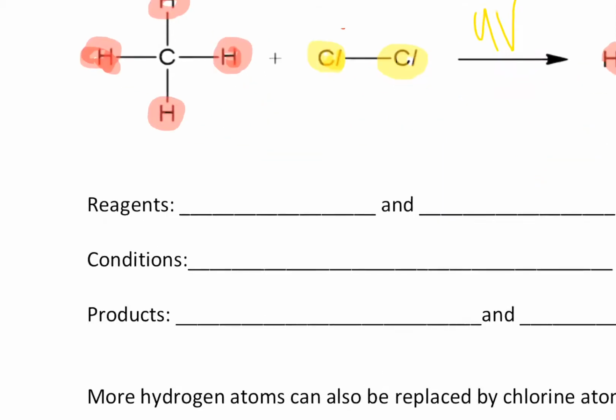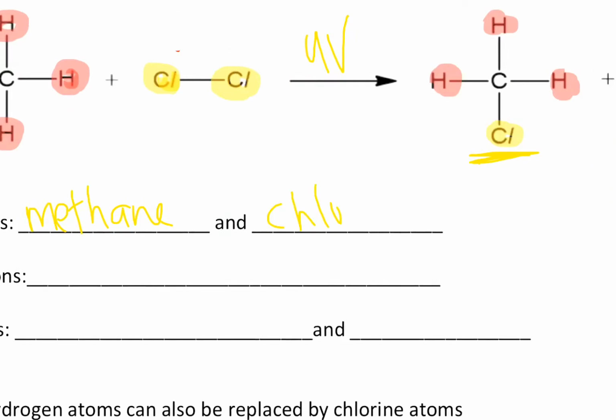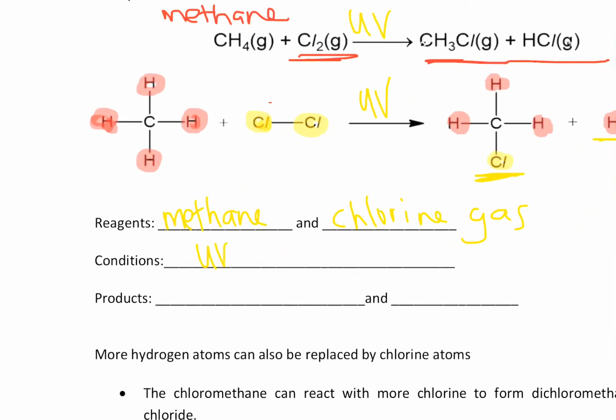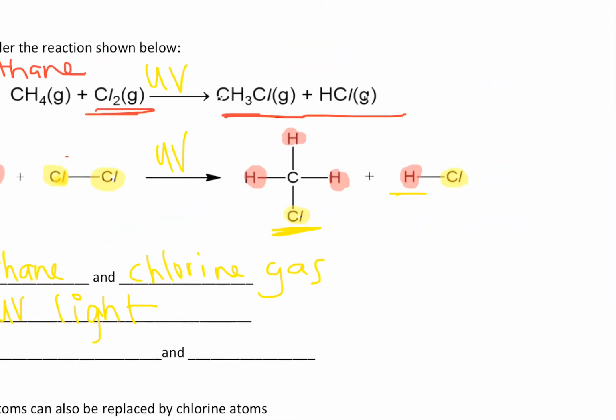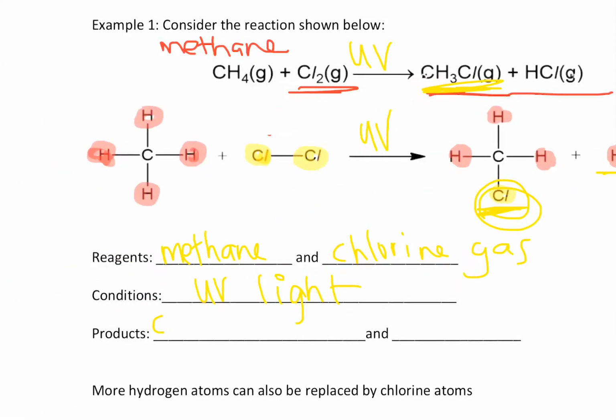So reagents, we have methane gas and chlorine gas. And the condition for this reaction is UV light, or you could write bright light or just light. And the product here is methane with one chlorine atom. So this is called chloromethane.